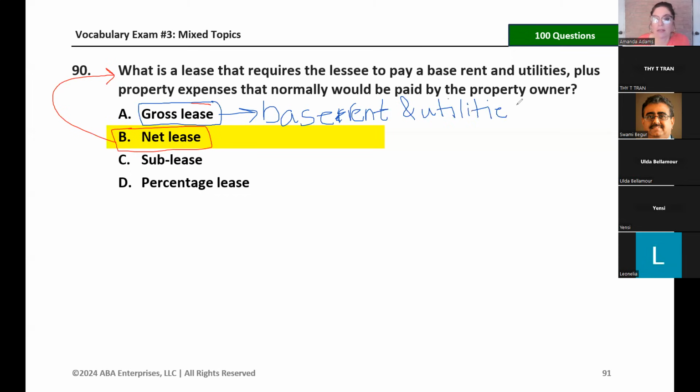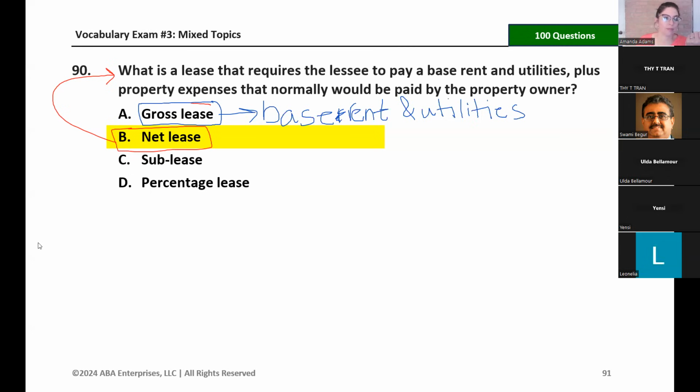Base rent and utilities. Whereas with a net lease, you're paying base rent and utilities plus an extra expense. And normally when we say extra expenses, it's either property taxes, property insurance, or maintenance on the property. Okay.